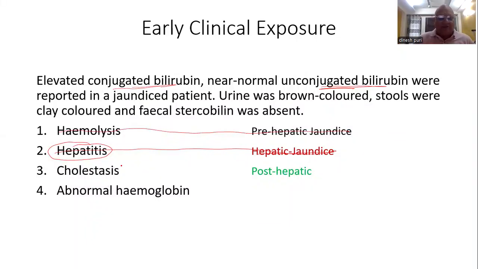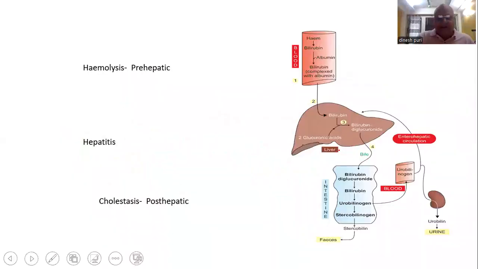Now we come to the third option, post-hepatic jaundice. What does it mean? Post-hepatic cholestasis. I'm sorry, we are coming to the third option, that is cholestasis, also post-hepatic. Why post-hepatic? Because in this condition, the problem lies in secretion of bilirubin into the intestine through bile ducts.